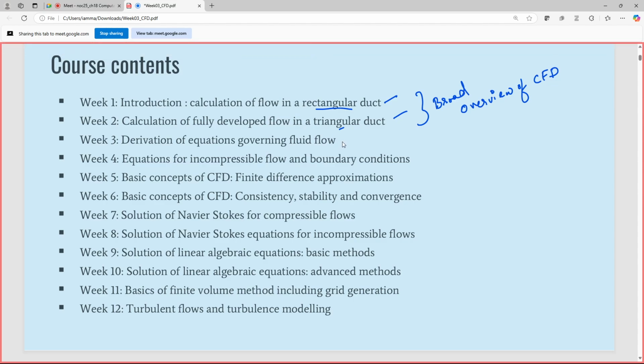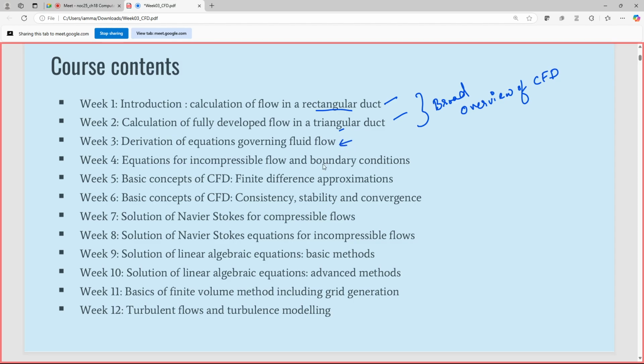So the third week is on types of fluids and fluid flow, from which you will understand how and why some terms are there in our CFD equations and how we can model.